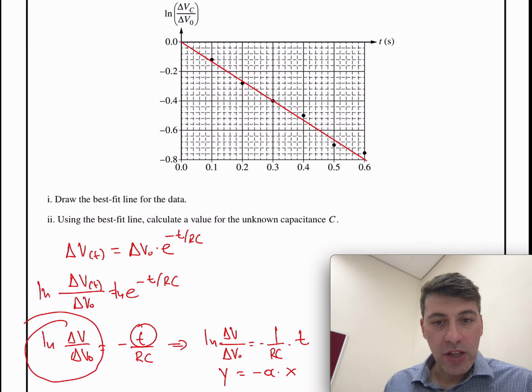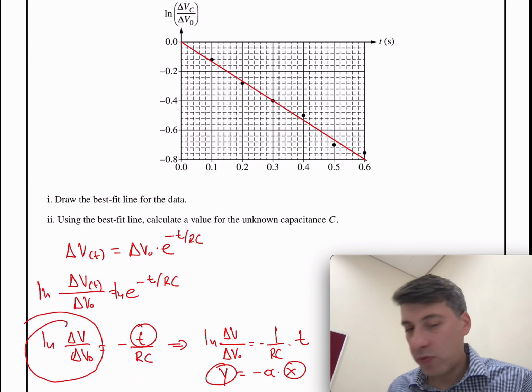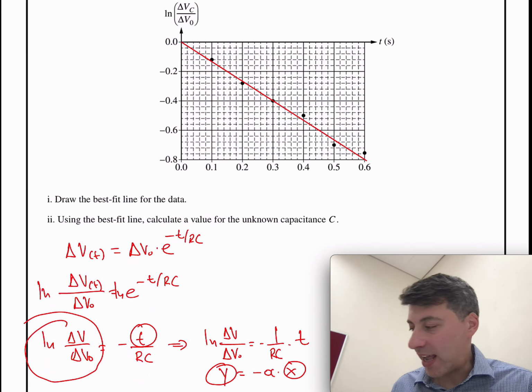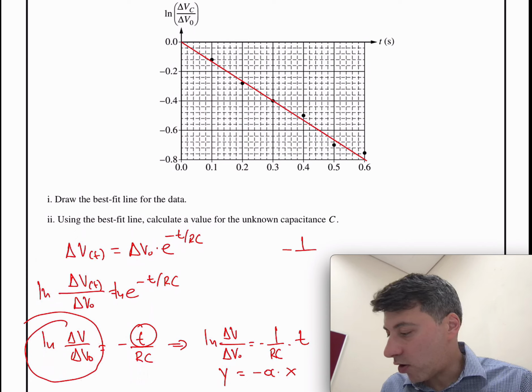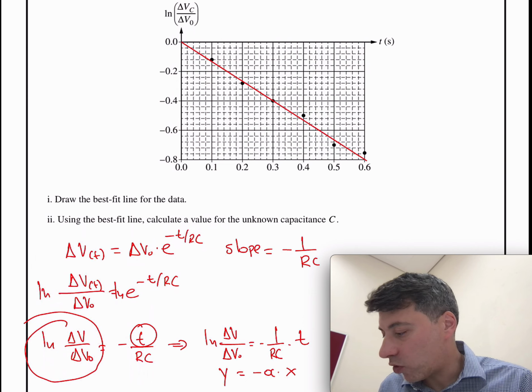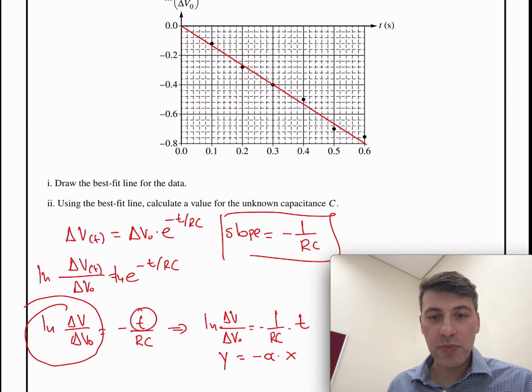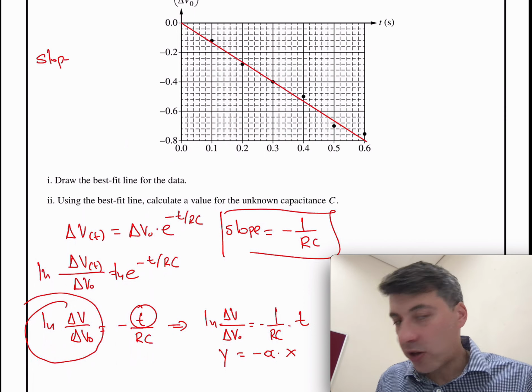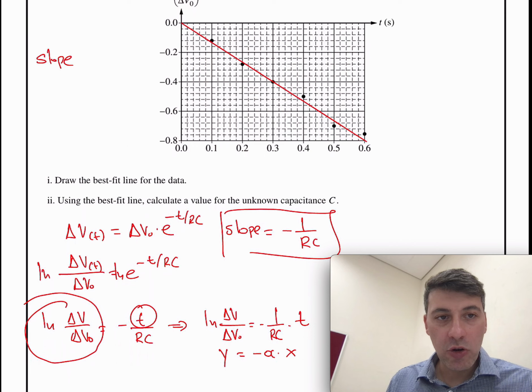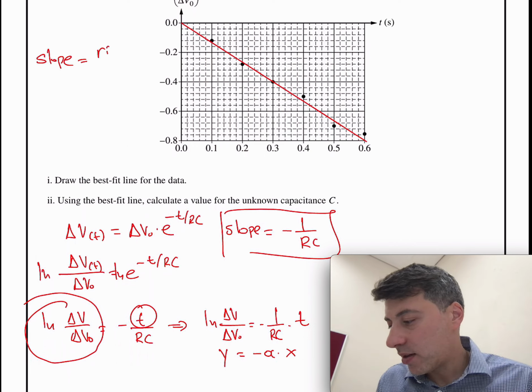And we need to find the value of the RC, and for this we're going to use the slope, which is y over x, or rise over run. So we need to say that minus 1 over RC is equal to the value of the slope. This is very, very important to be mentioned, and we need to make sure that we mention what is the value of the slope. The slope is rise over run.